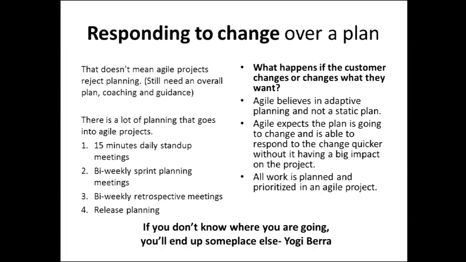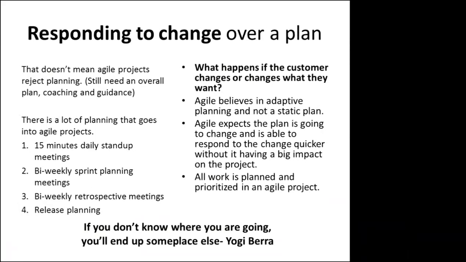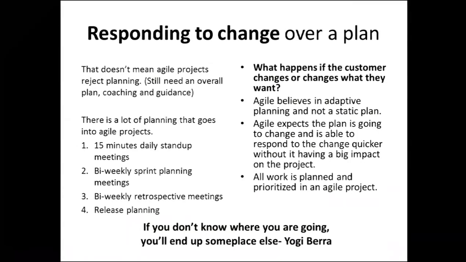And again, being in constant conversation and collaboration, you're going to be able to respond to the change, know about the change request a lot sooner than if you waited 2 months in the requirements phase or however you want to do it. And again, all work is planned and prioritized in an Agile project. I just mentioned a while ago, what do you really need to get done?